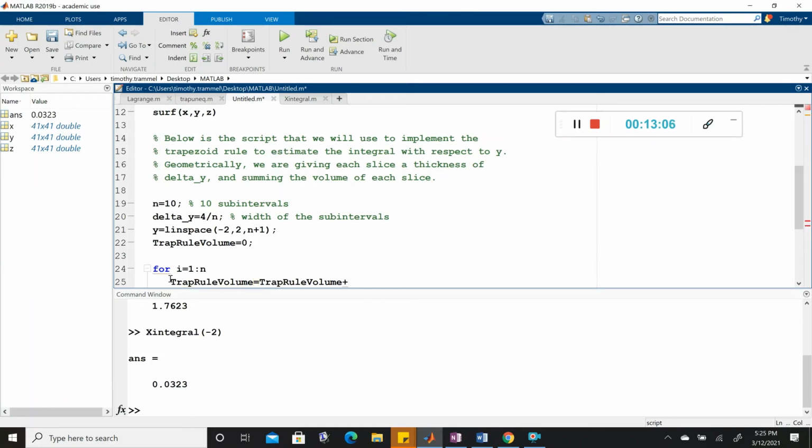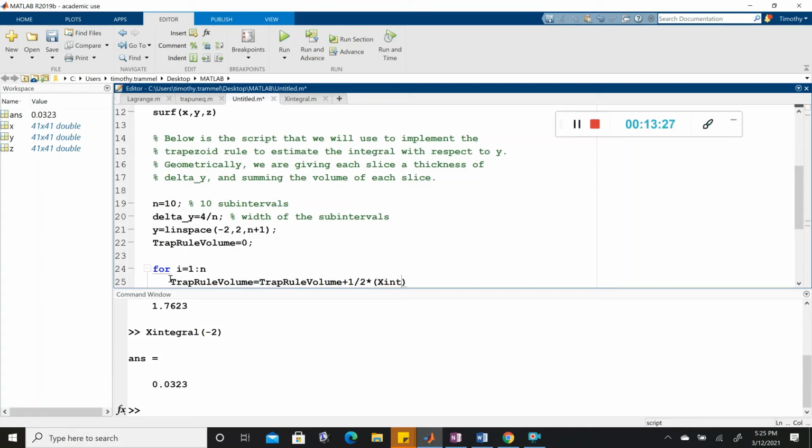plus, and this is where the formula for our trapezoid rule comes into play. We want to do 1/2 times, and we want to then add up two consecutive integrals that we're working with.